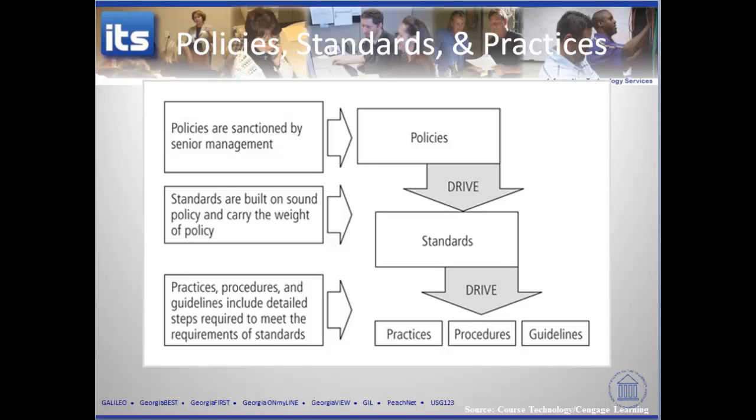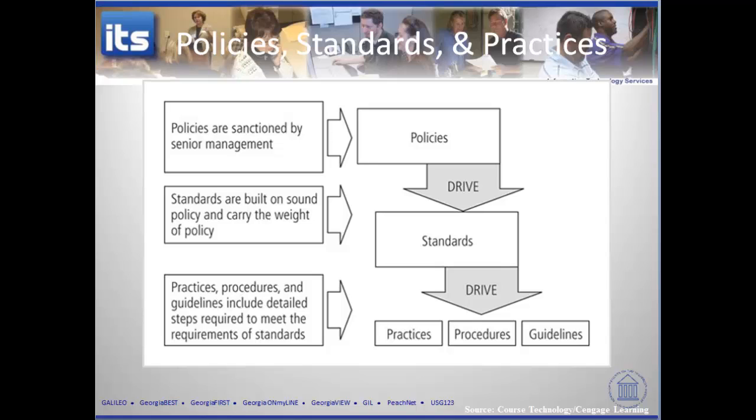So what does the policy say, for example, around information technology? In our particular case, the policy says that the chancellor and the institutional presidents are responsible for implementing information technology policy, and they'll be held accountable for that.